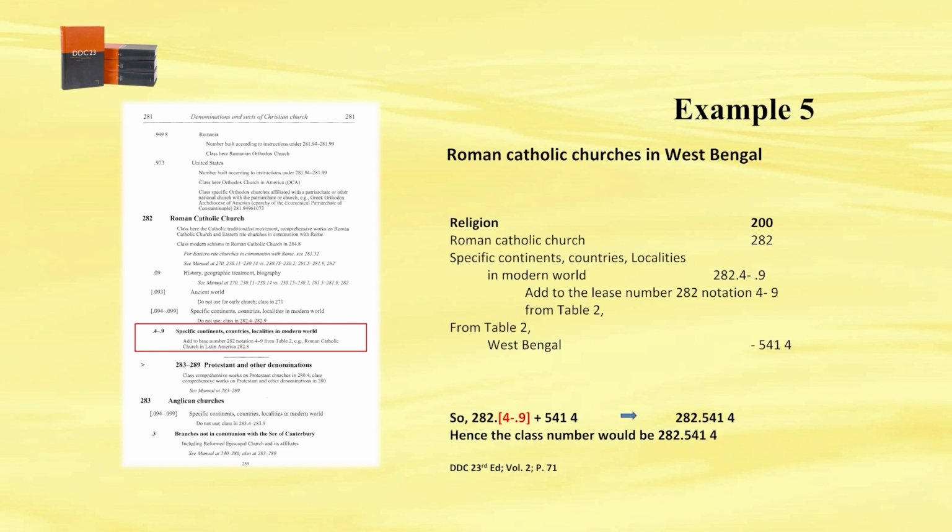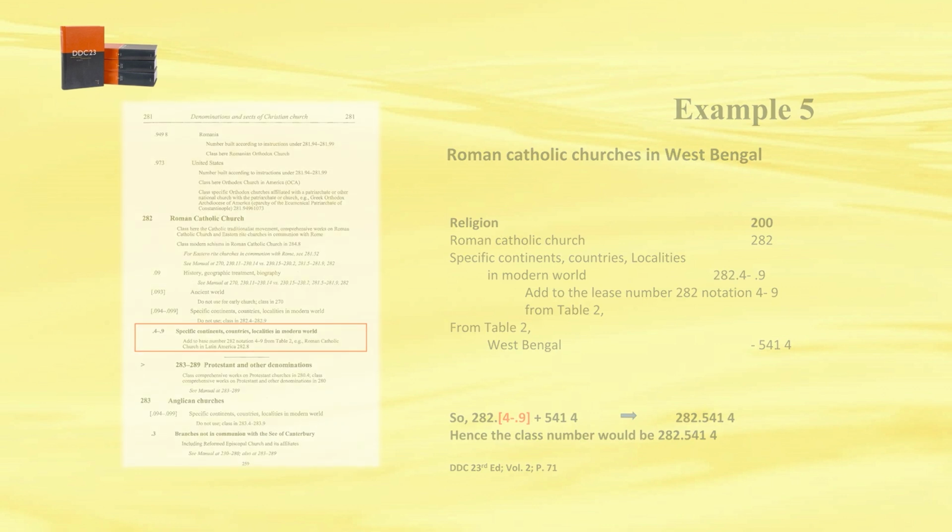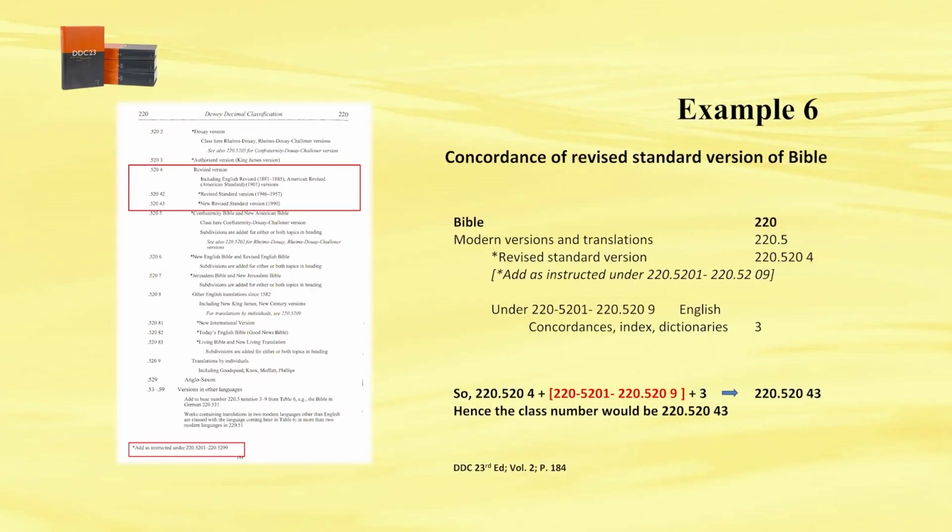So proceed for the next example. Now the example 6. The title of the document is Concordance of Revised Standard Version of Bible. So one is the main class, Bible, then comes the concordance, that is a form, and another one is Revised Standard Version. So hopefully we will find the number for Revised Standard Version because we know that Bible has different versions.